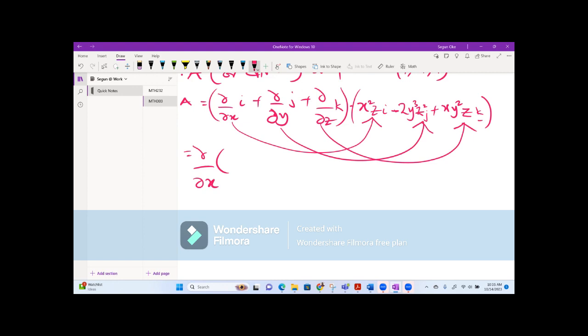Don't forget, the component of this one is x squared z. You will not put I again. Plus d dy minus 2y cubed z squared plus d dz xy squared z. Any question on this?